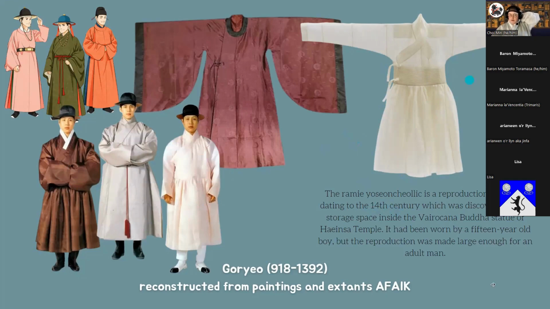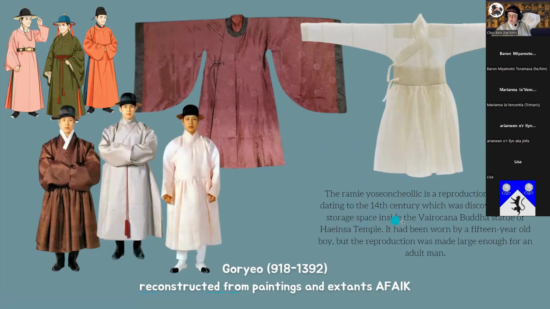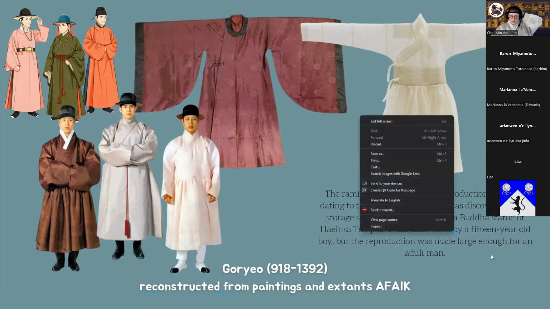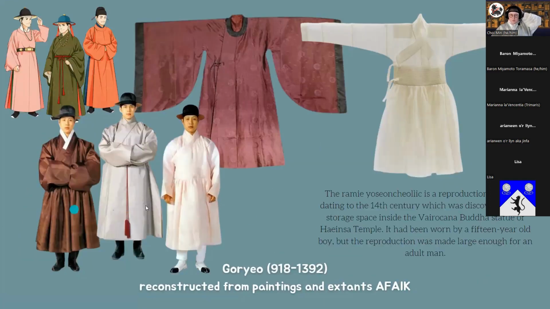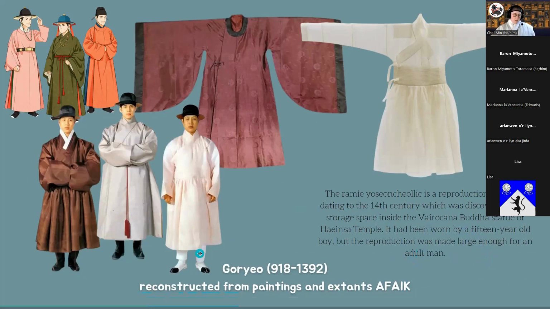Here again there was a Rami Yolson cholik, and it's a reproduction of a piece that was discovered in the storage space of a Buddha statue. But it was for a 15-year-old boy, so it was really small, and they scaled it up for the reproduction. And we're seeing the beginnings of a hat here, but I think they just did their best on the hat.